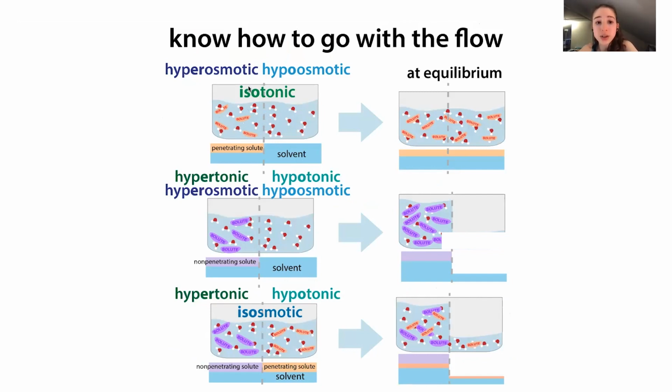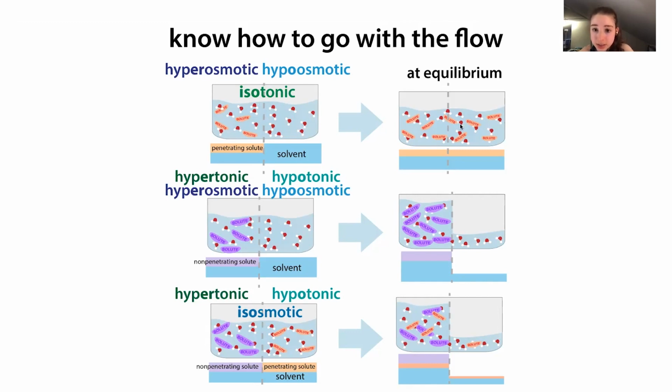This solution is hyperosmotic because it has more dissolved things. This side is hypoosmotic because it has fewer dissolved things. But they're actually isotonic because the solute is penetrating. So they have equal amounts of non-penetrating solute, because all of the solute is penetrating.